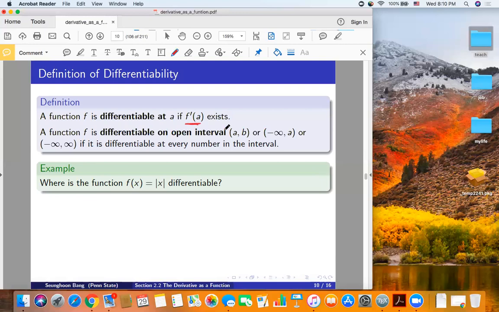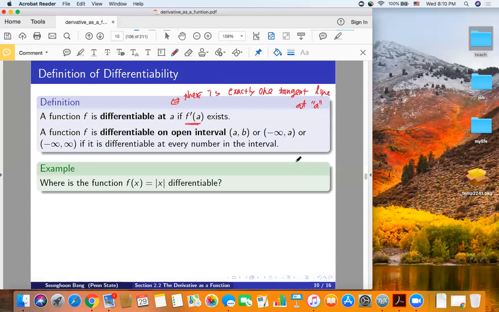So f prime of a exists has exact meaning: we have a unique tangent line at a. There is exactly one tangent line at a.